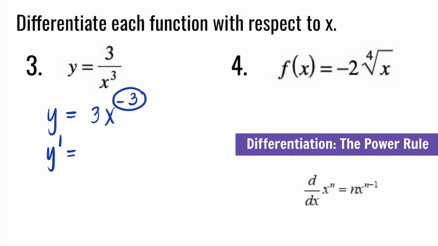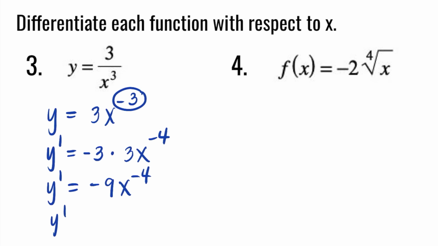Using the power rule, we will have negative 3 times 3x to the power of negative 3 minus 1, and this becomes negative 4. Simplifying this, we will have negative 9x to the power of negative 4. Rewriting this to get a positive exponent, we will have negative 9 over x to the 4. And that is by using the negative exponent rule.